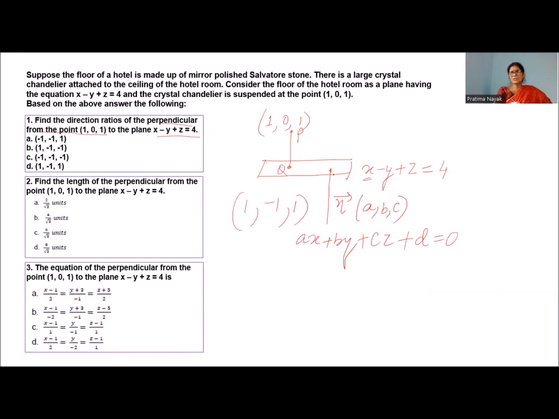So this normal has the direction ratio 1, minus 1, 1. Since this line from P perpendicular to the plane is parallel to the normal, they have the same direction ratio. So the direction ratio of PQ will be 1, minus 1, 1. So D will be the correct answer.